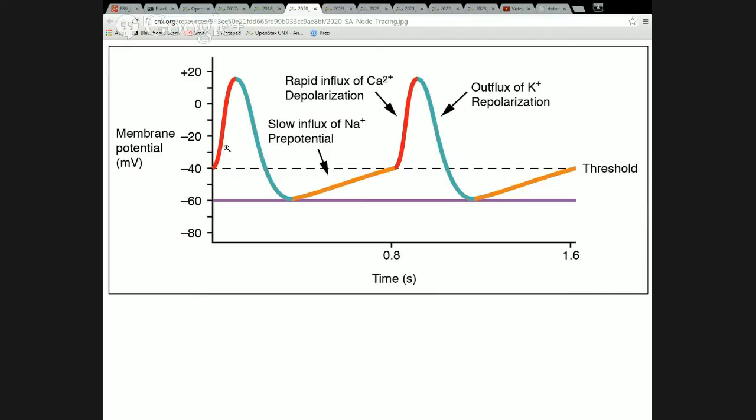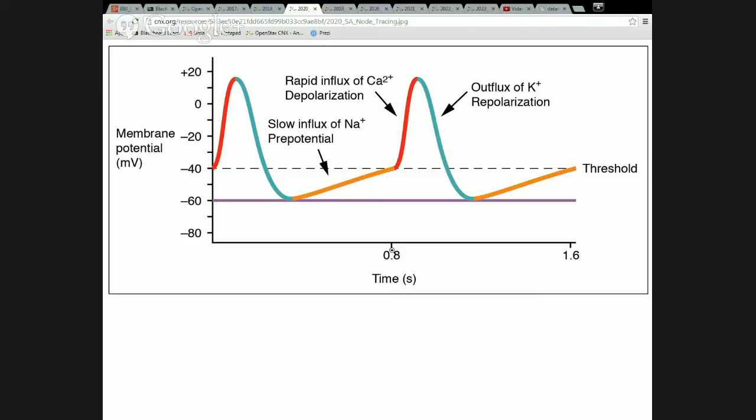Now, in this graph, the time from the first action potential to the second action potential is 0.8 seconds or 800 milliseconds. When the cells are depolarizing and firing off action potentials at that rate, they're going to be firing off action potentials about 75 times per minute. Okay? So this represents the resting heart rate.